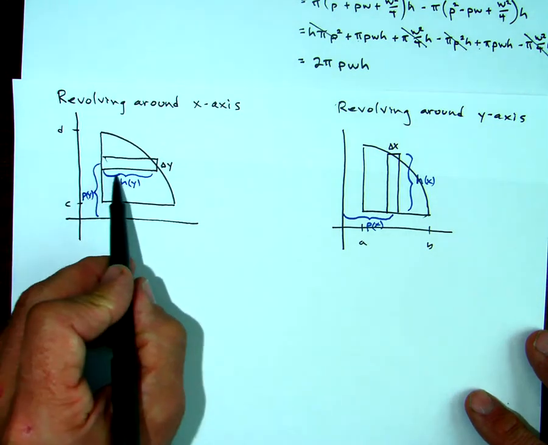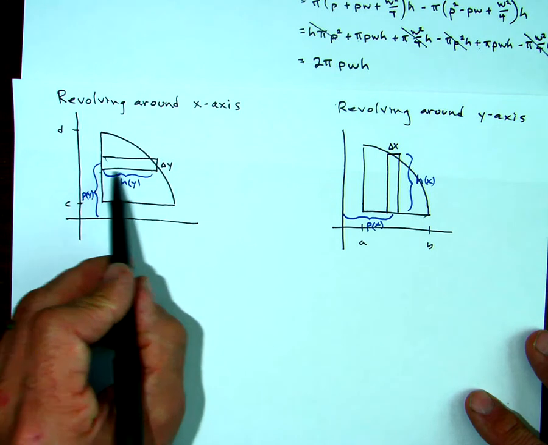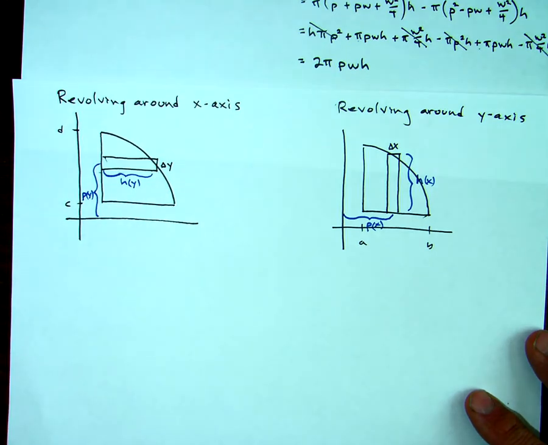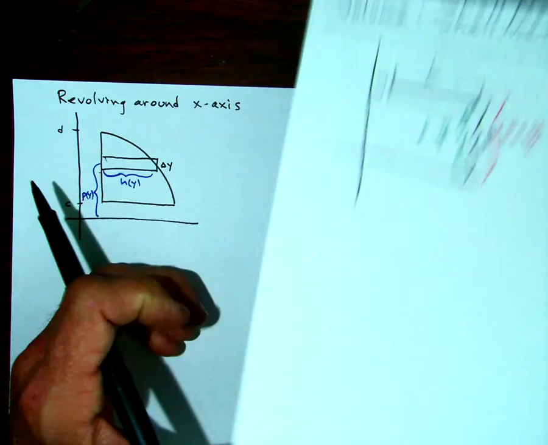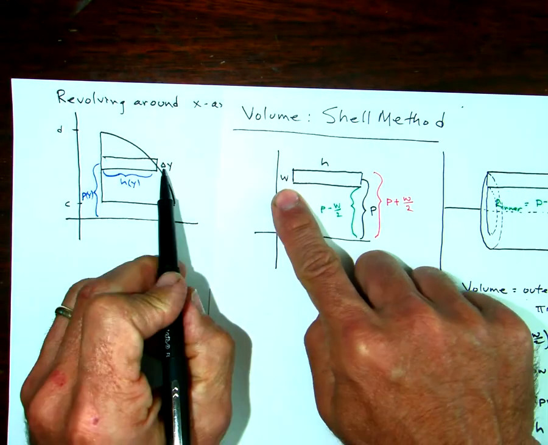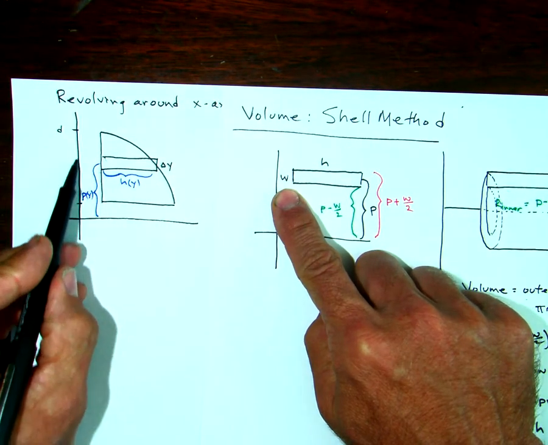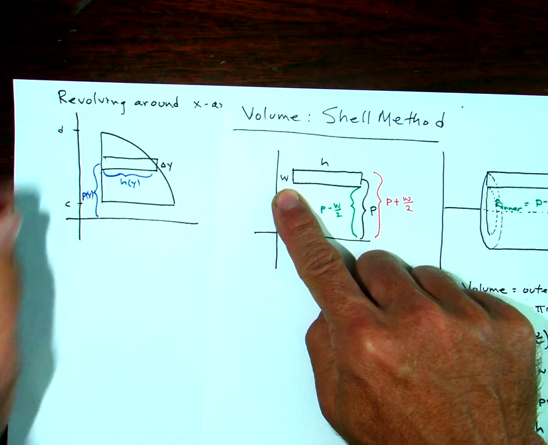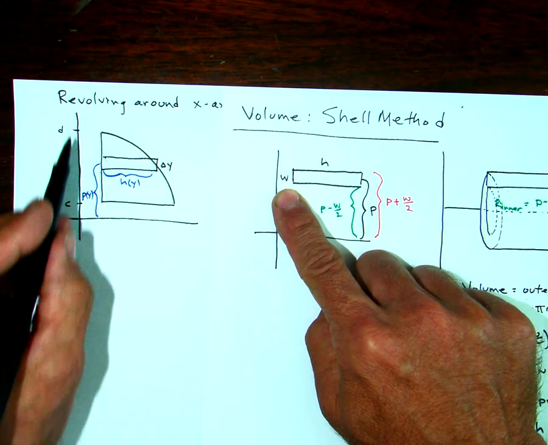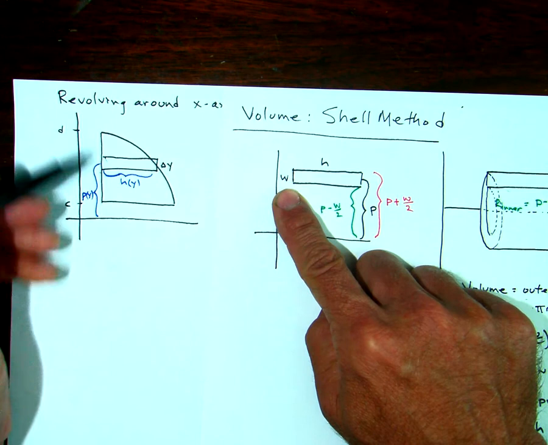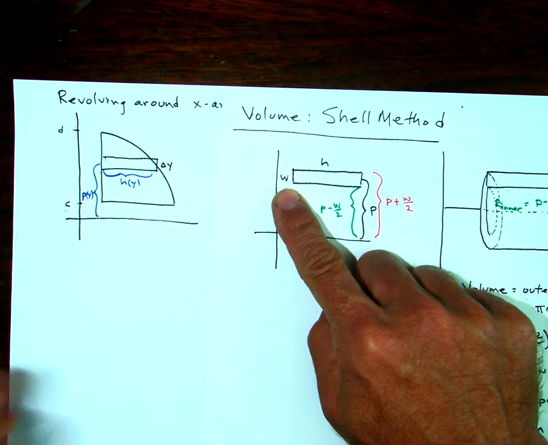And then here, this will frequently just be our function value. And previously we had w, but now we're just going to call that delta y. That's the change in y, right? How wide this is in terms of y. And our region starts at C and goes up to D. And we're revolving, so C and D are y values.